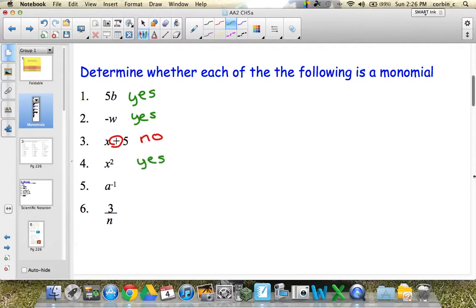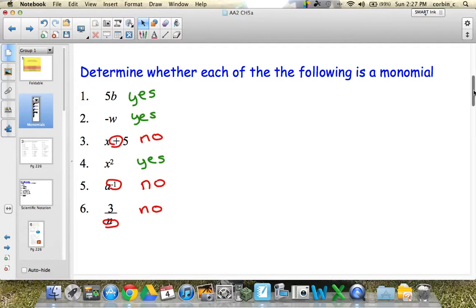The next one is a to the negative first. A to the negative first has a -1 exponent on it, and we are not allowed to have negative exponents. So no, this one does not qualify. And our 6th example is 3 over n. And again, n cannot be in the denominator, so no, this is not an example of a monomial.